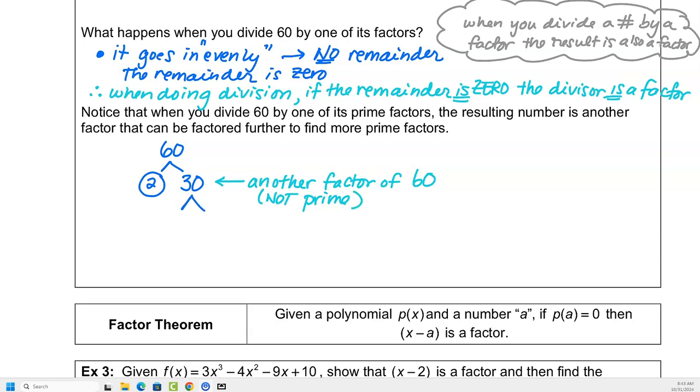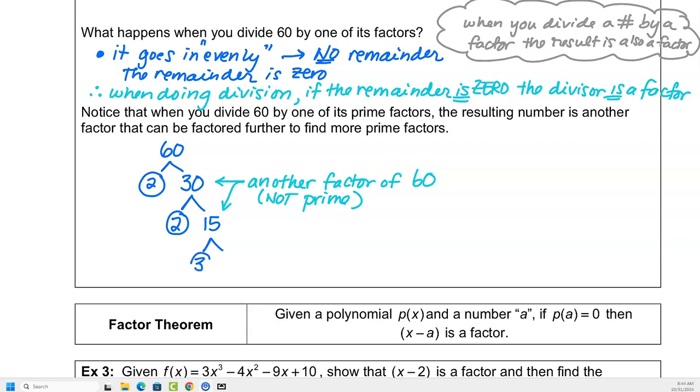Now I notice that 2 goes into 30 again. So instead of breaking 60 down further, I'll break the 30 down. So 30 divided by 2 is what? 15 again, right? That's another factor of 60, not a prime factor of 60. And then 15, what can I break that down to be?